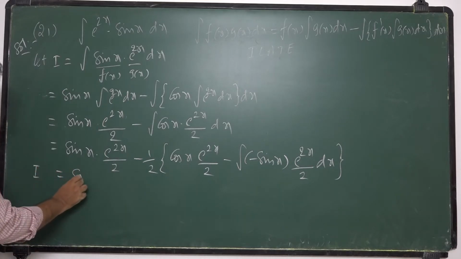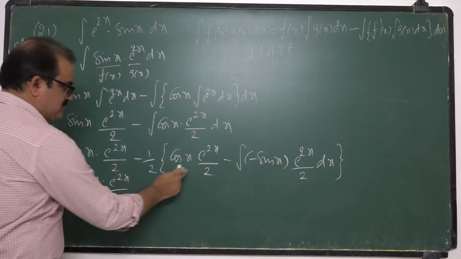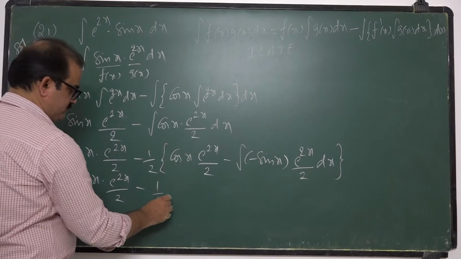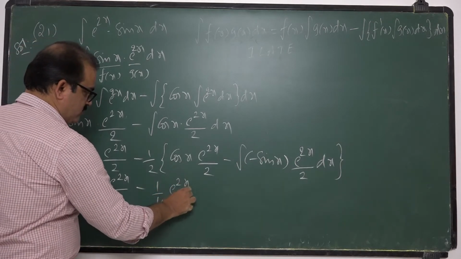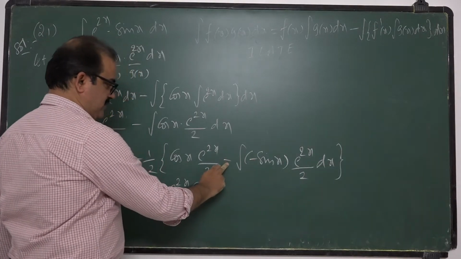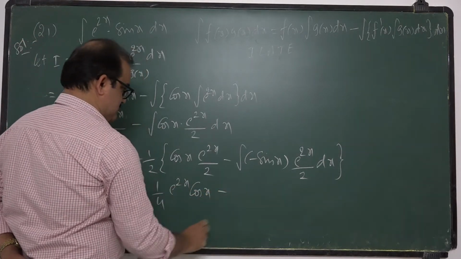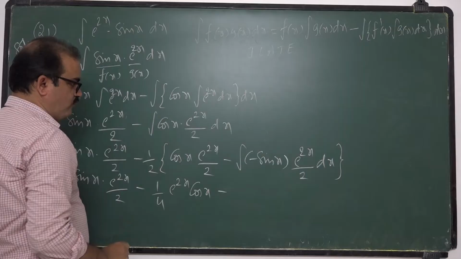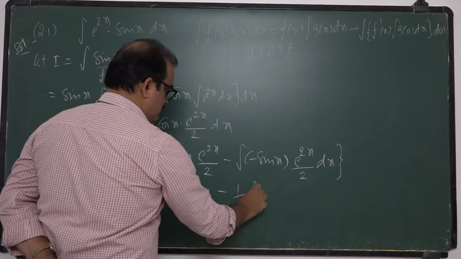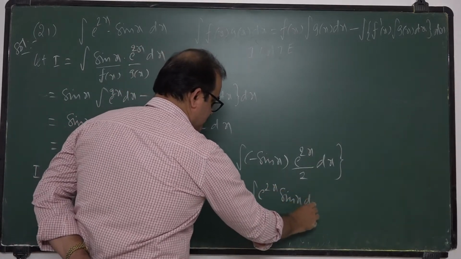I is equal to sin x into e power 2x by 2, take this minus 1 by 2 into bracket, minus 1 by 4 into e power 2x into cos x, minus into minus plus, plus into minus minus, minus 2 into 2, 4, integral e power 2x into sin x into dx.